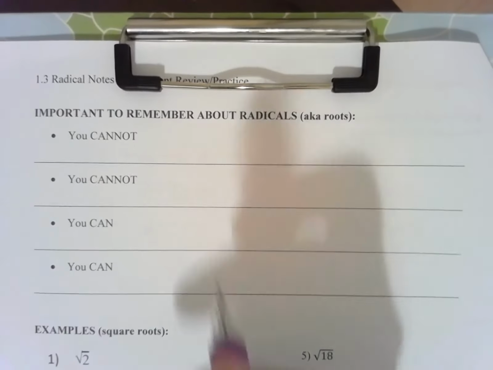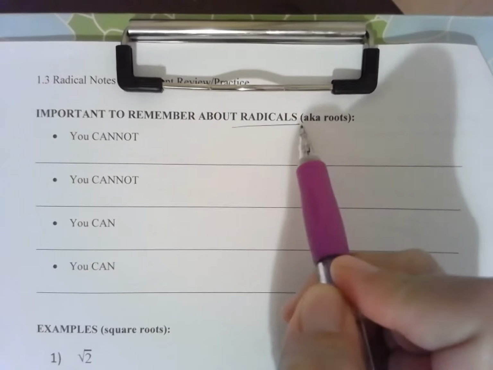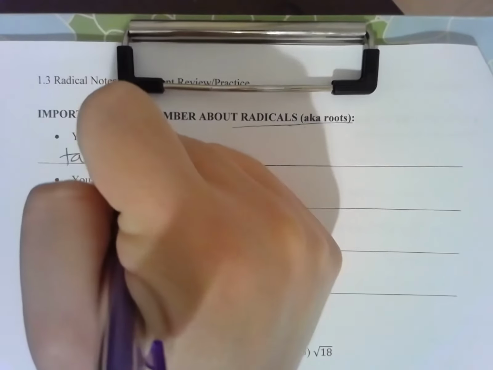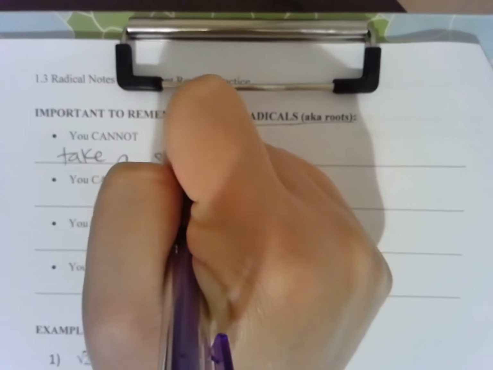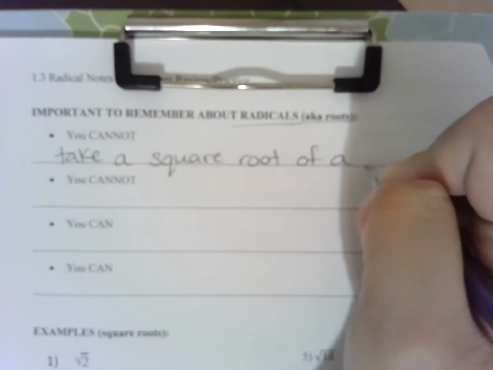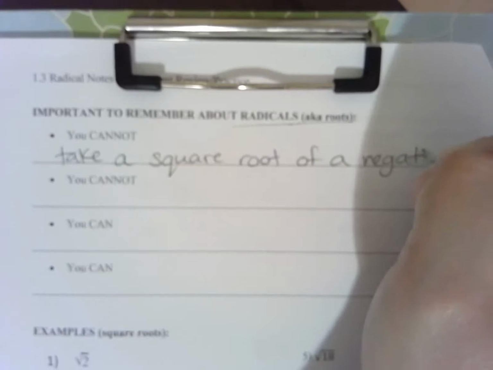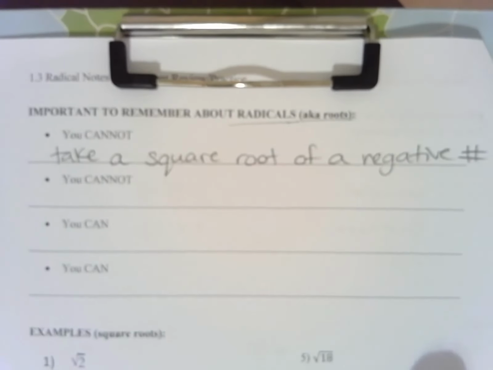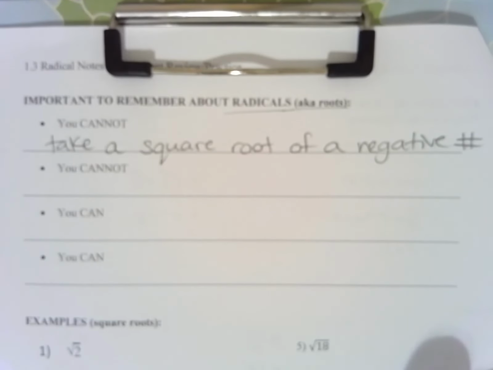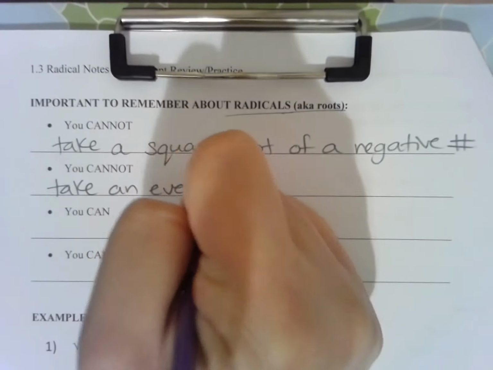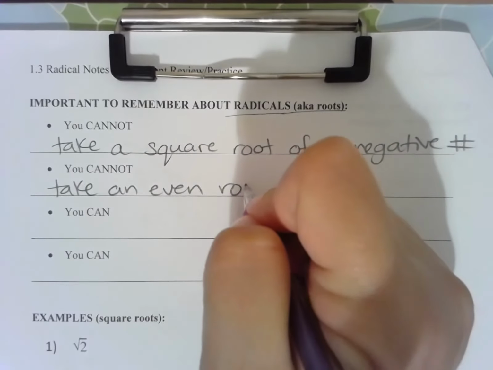Some of the rules you have to remember about radicals, aka roots, are that you cannot take a square root of a negative number. Another rule you have to remember is that you cannot take an even root of a negative number.